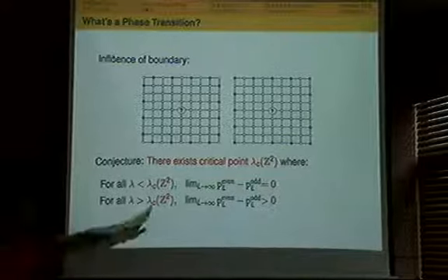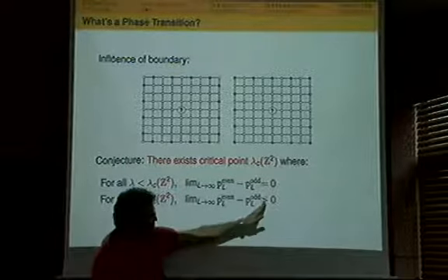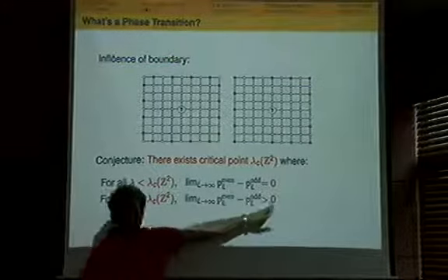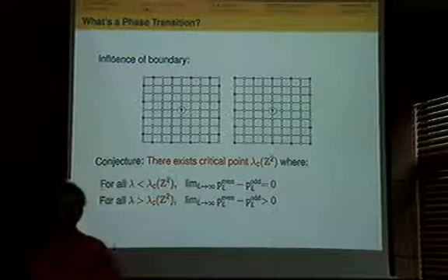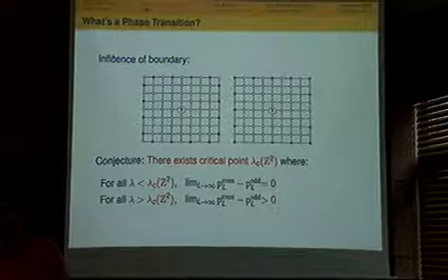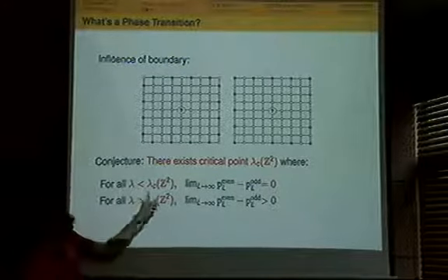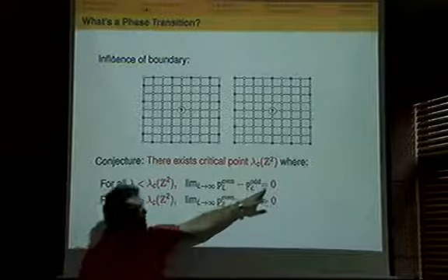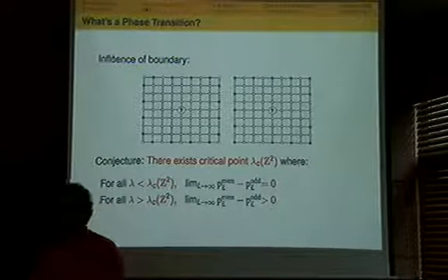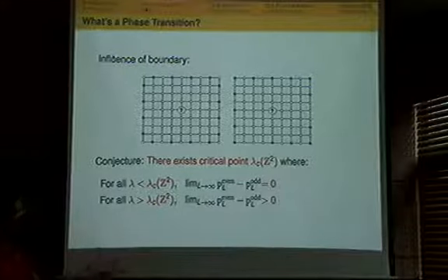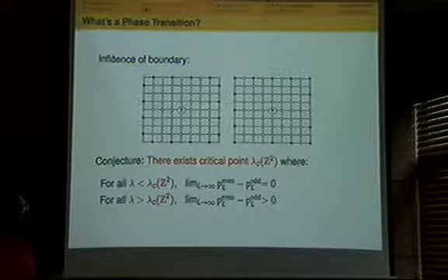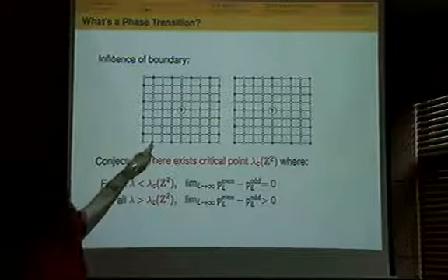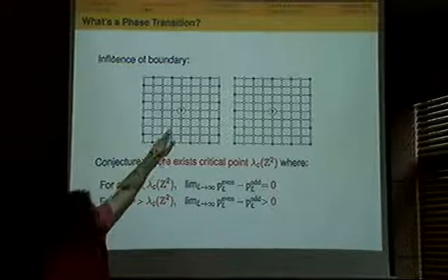If lambda is big, you would think that the difference at the origin persists because you're preferring the maximum independent set. If lambda is small, then it's going to die off. Certainly if lambda is tiny, then the smaller independent sets have bigger weight. So this influence is going to die off.